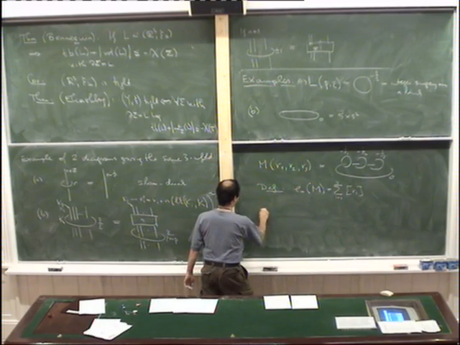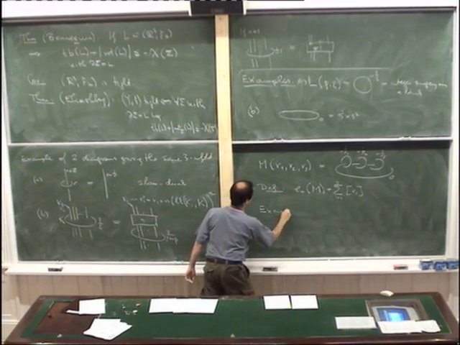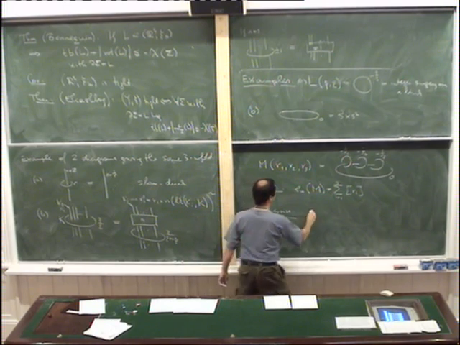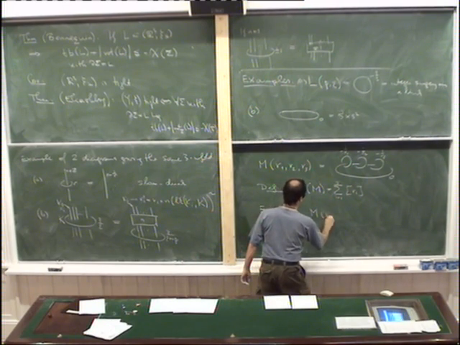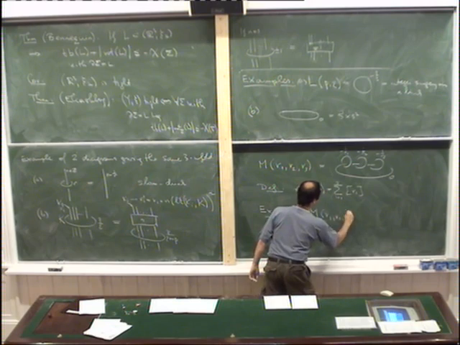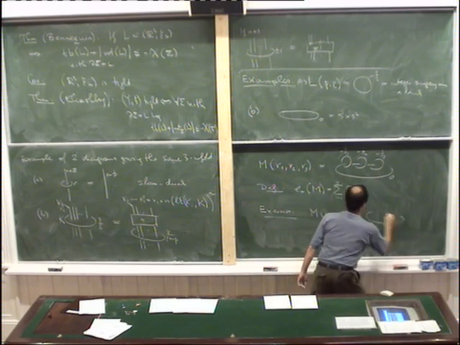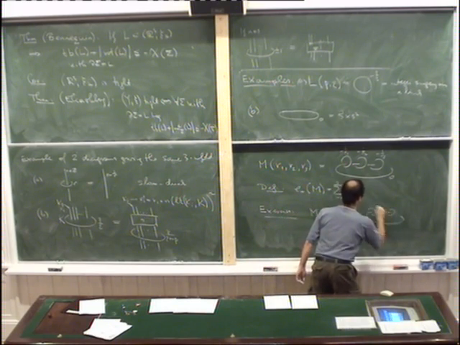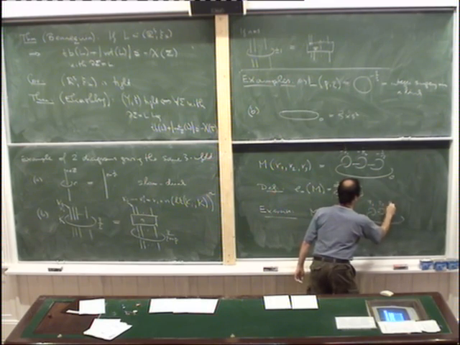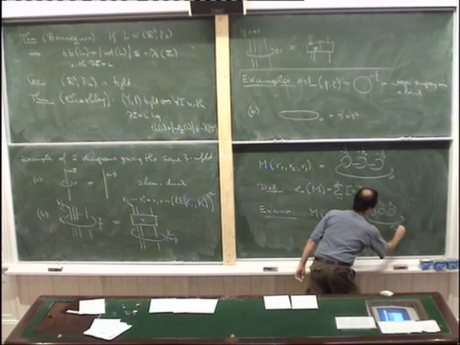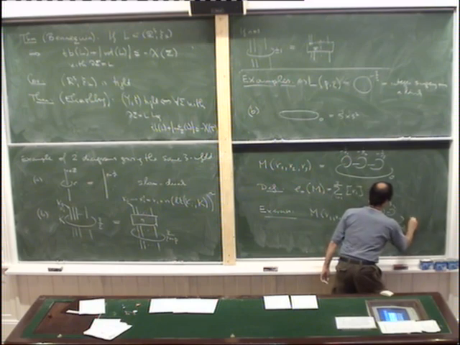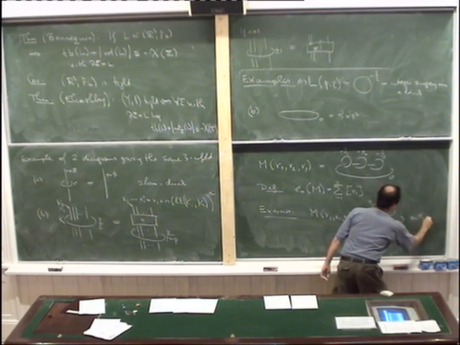And here's a little example or an exercise. Show that M(R1, R2, R3) is actually the same as M(Q1, Q2, Q3, e0(M)) with Qi less than minus 1.